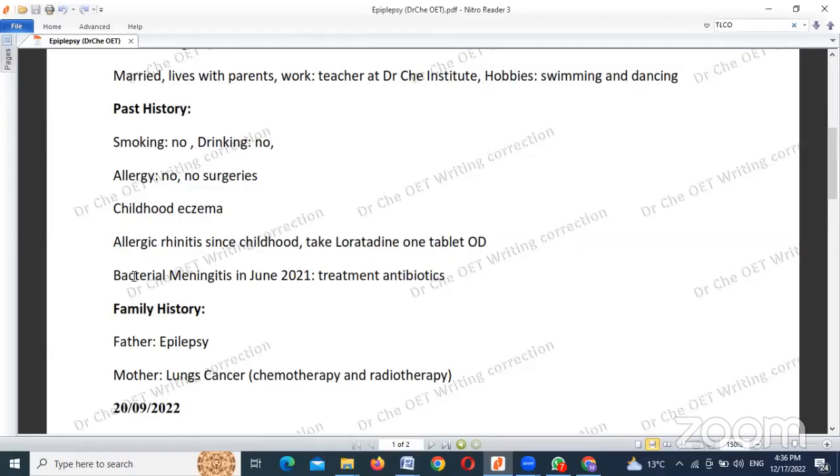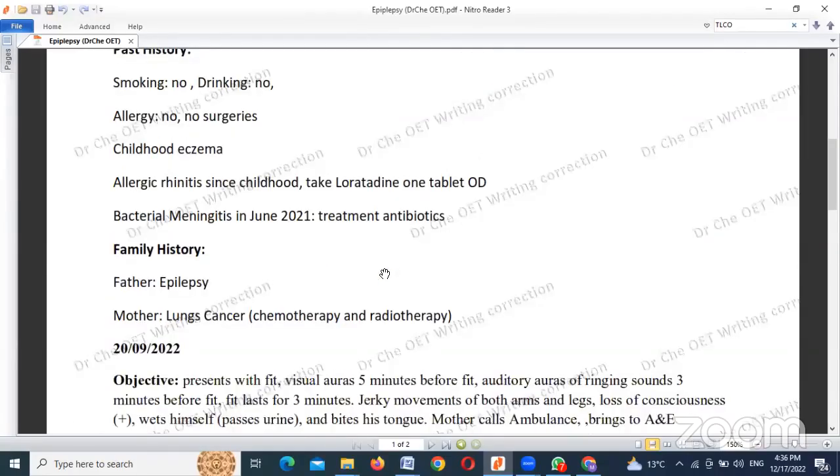Okay, it's not too important. But a history of meningitis could be important because this could be the reason. Okay, you can mention it. You can mention the history of bacterial meningitis. Further, the history of epilepsy. What do you think?